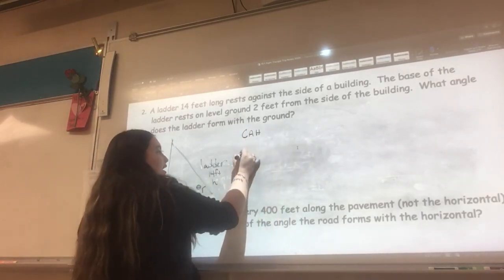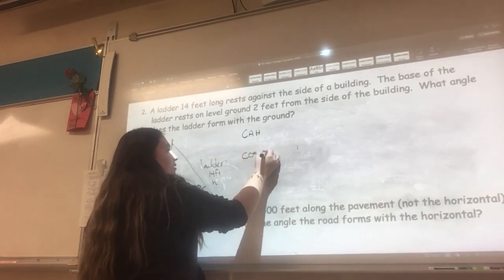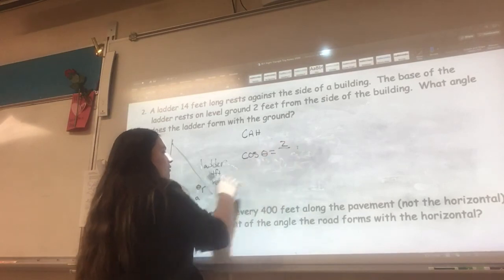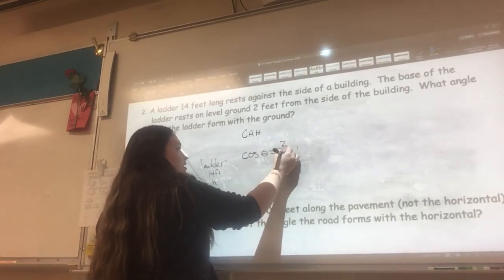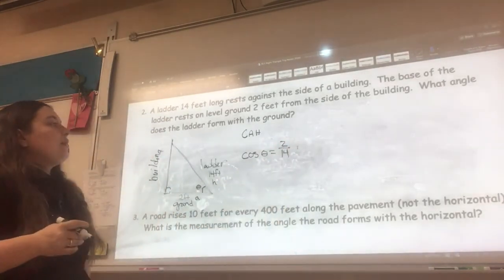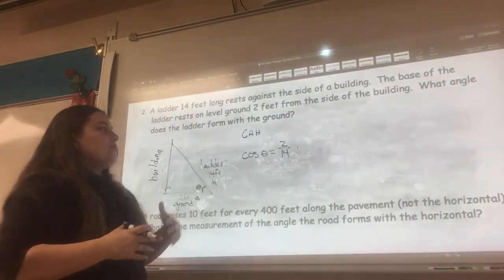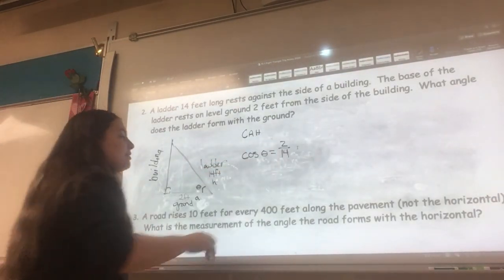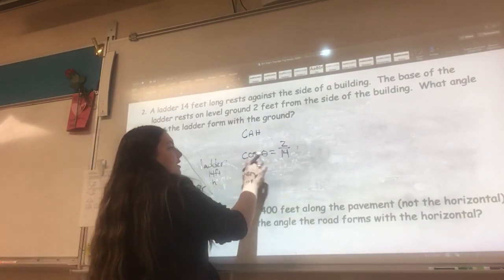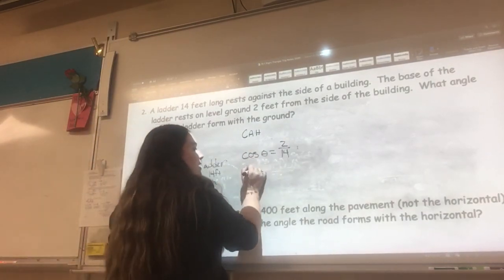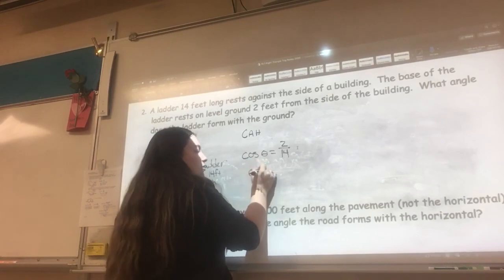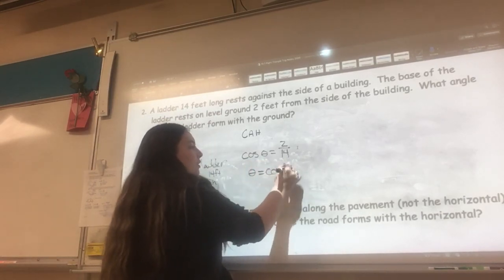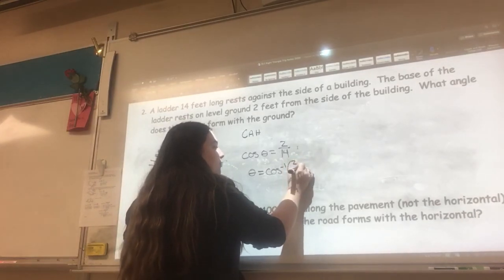So that means we're going to have cosine of our unknown theta equal to the adjacent of 2 feet over the hypotenuse of 14. We have been given adjacent and hypotenuse. That means we're going to have to be finding the inverse of that, because to get the missing theta, we take the inverse of cosine, so cosine inverse of 2 over 14.